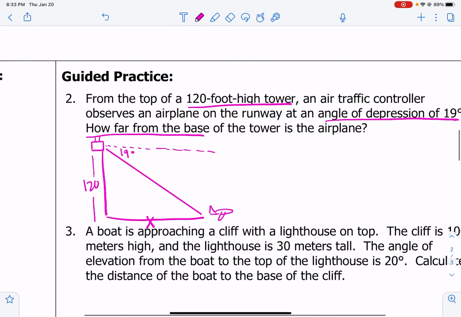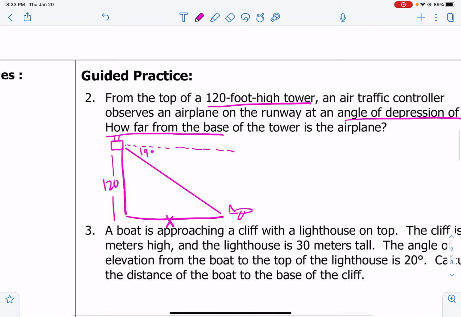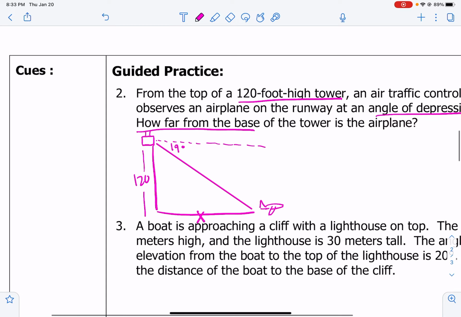So a couple things about this. We talked about parallel lines. So the horizon here and the horizon here are parallel. And when we use a transversal to intersect those, this angle and this angle are congruent.